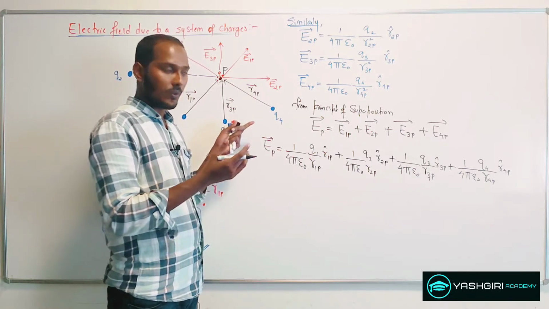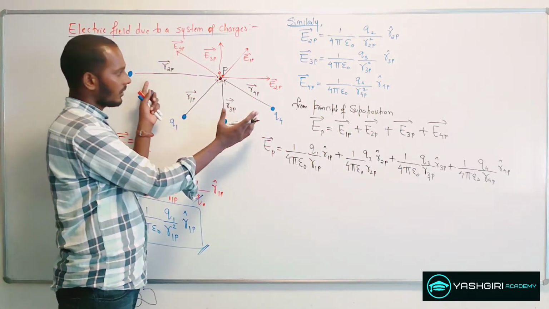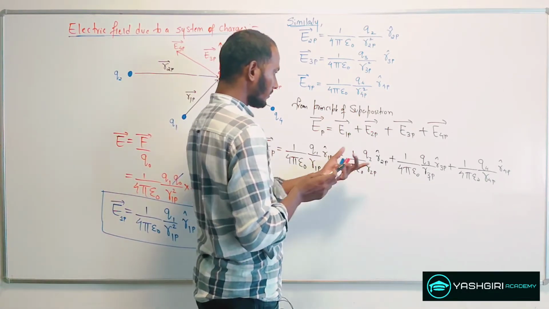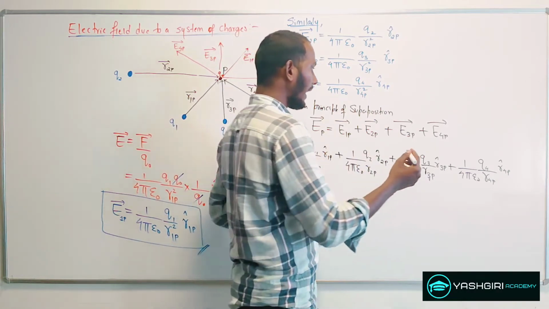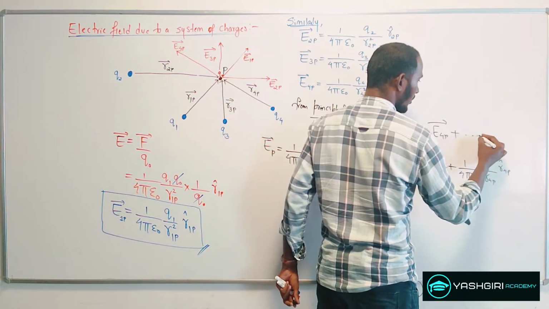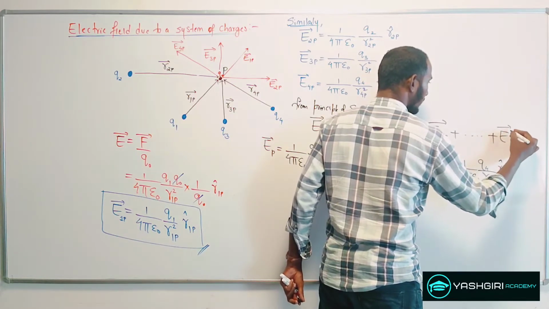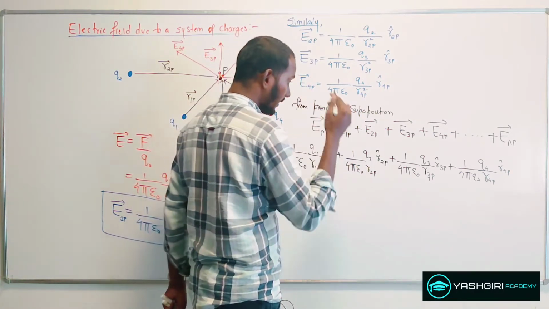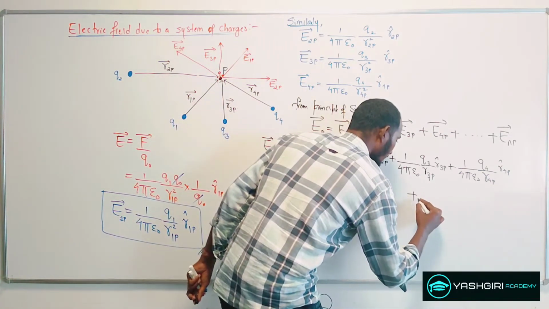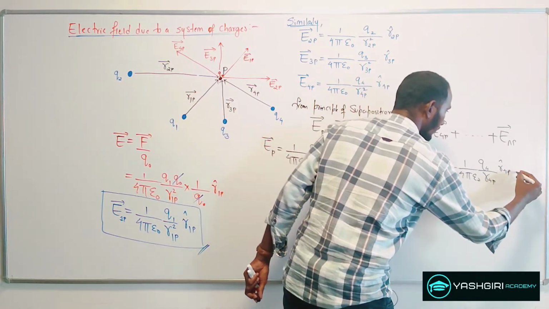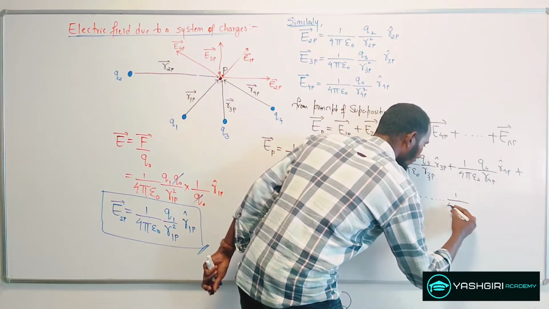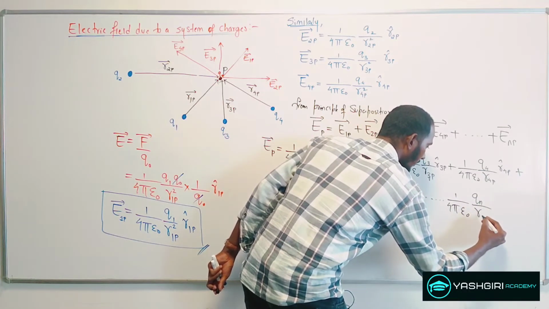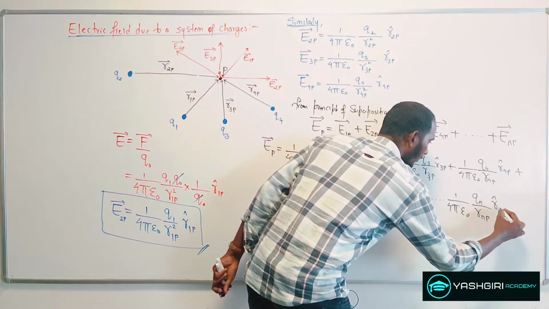Now here, if you have n number of charges in the system, then I can just say plus dot dot dot plus the addition of the n-th charge at P. So for the same expression, if you consider the n-th charge, you will be getting 1 upon 4 pi epsilon naught into the Qn charge divided by Rnp into R cap of np.